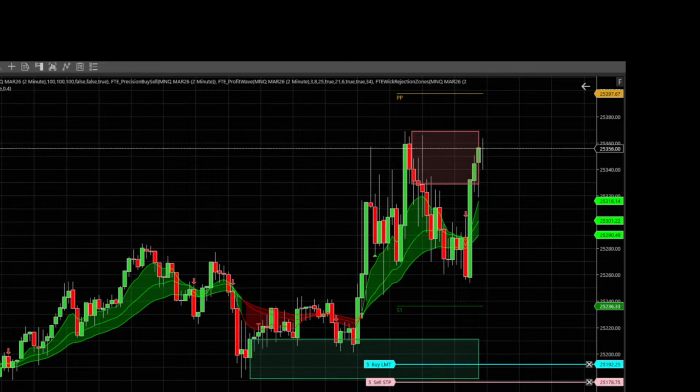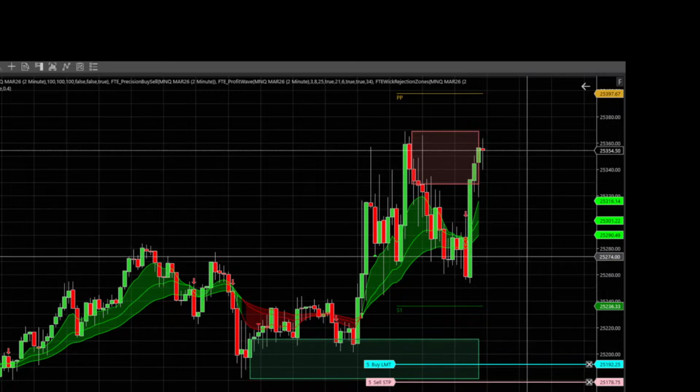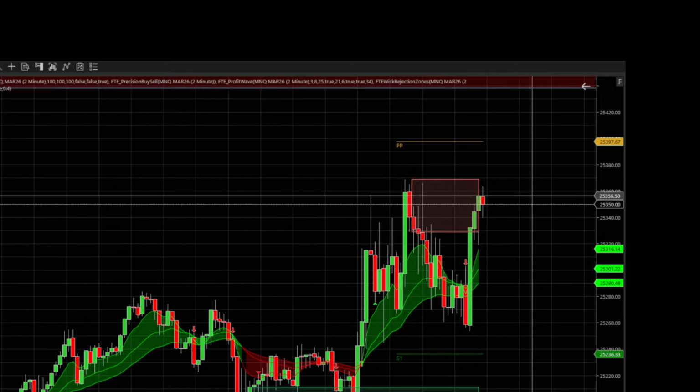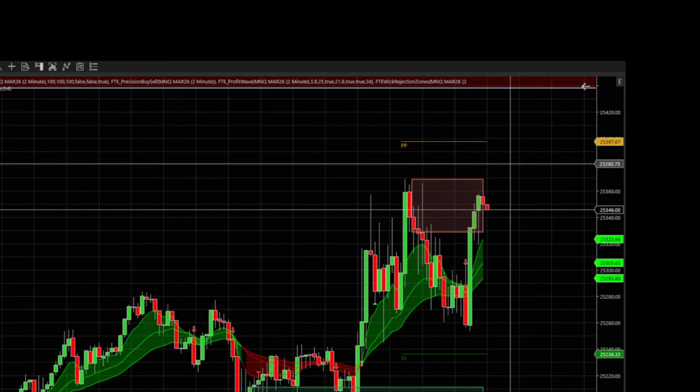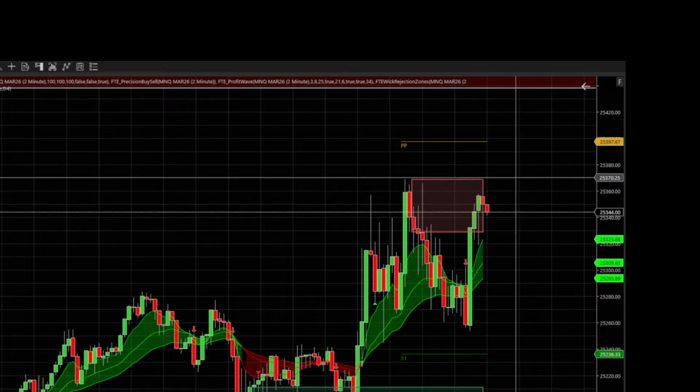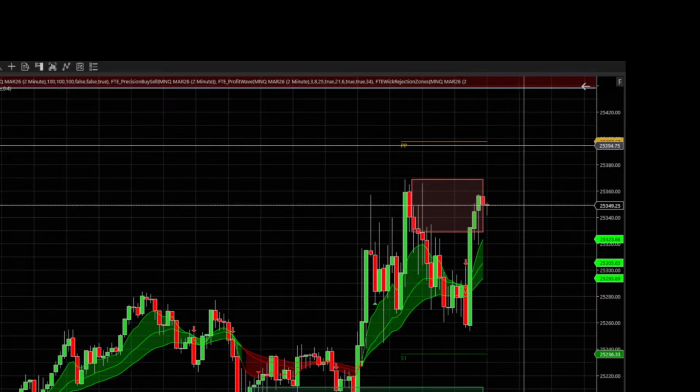Might have to put me in something up here to try this golden pivot. I don't like the fact that it's moving so slow. Though, you know, I mean, it could pierce the zone and pierce that golden pivot.